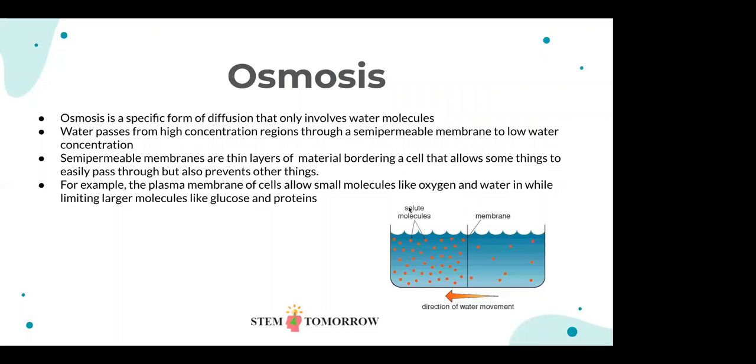Like we were saying, the cell membrane is a semi-permeable membrane because of the filtering aspect that it has. For example, the plasma membrane of cells allows oxygen and water to flow through, while it limits larger molecules like glucose and protein. And you can see the solid molecules inside the water and how it passes through, just through the water.